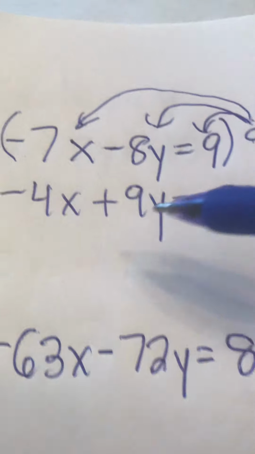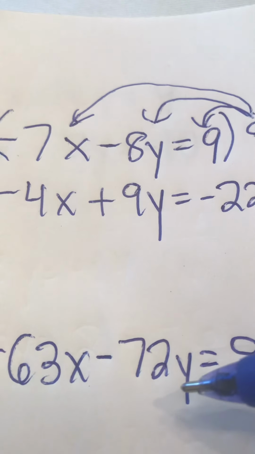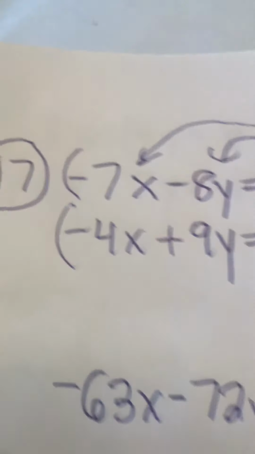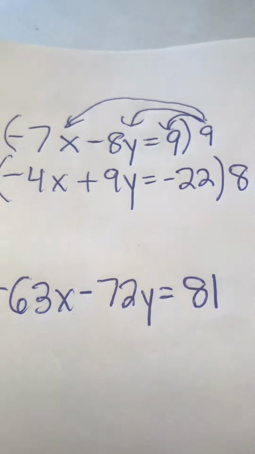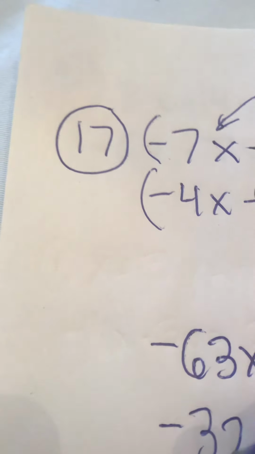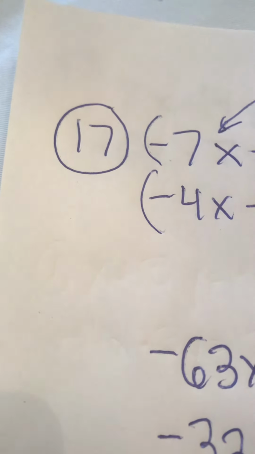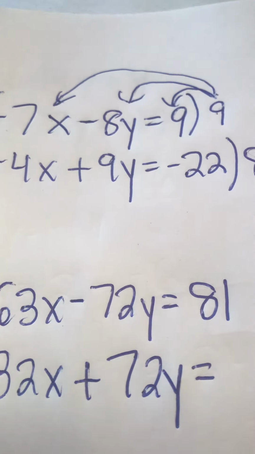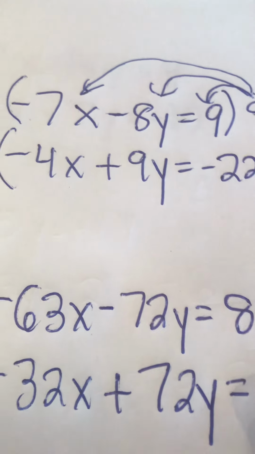All right, for the next equation, remember I need 72 positive, so how do I get that? Well, I multiply the whole equation by 8, okay? So I'm just going to rewrite that, multiplying by 8, and 22 times 8 is 176, so that's negative 176.